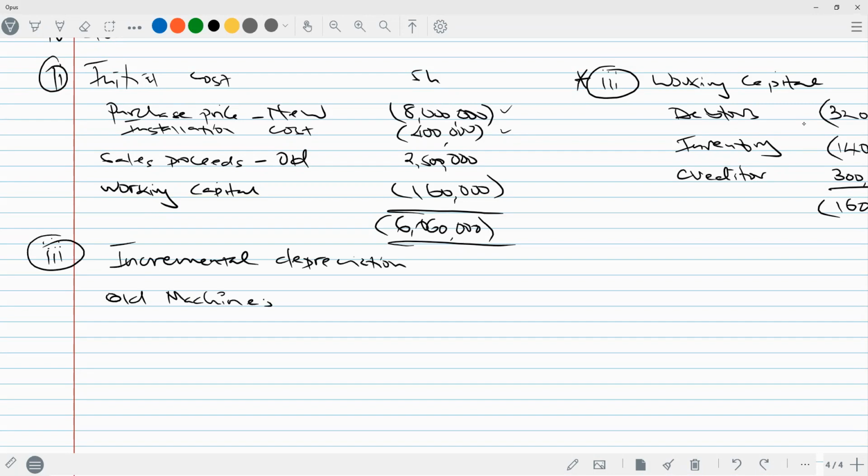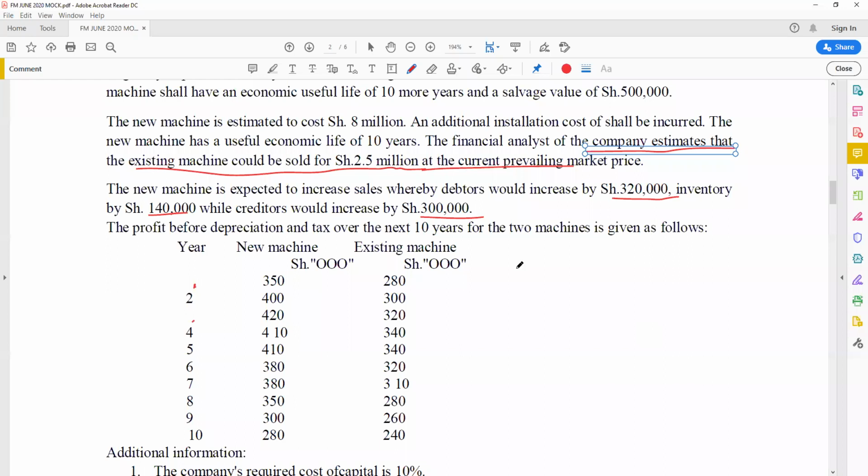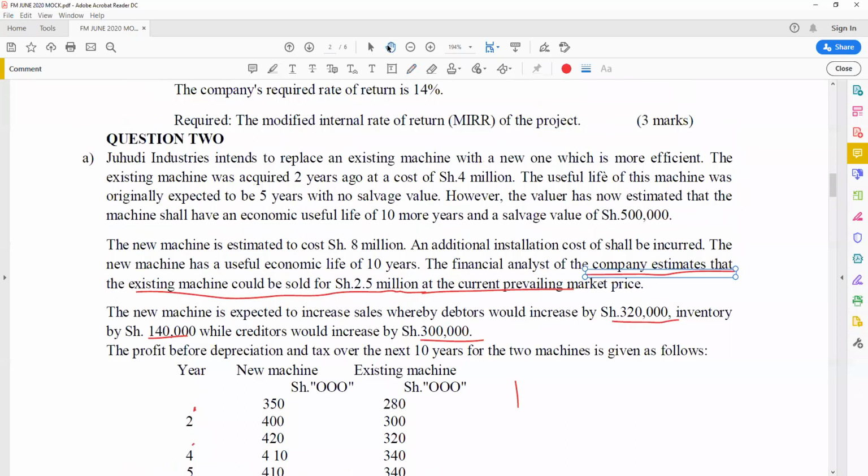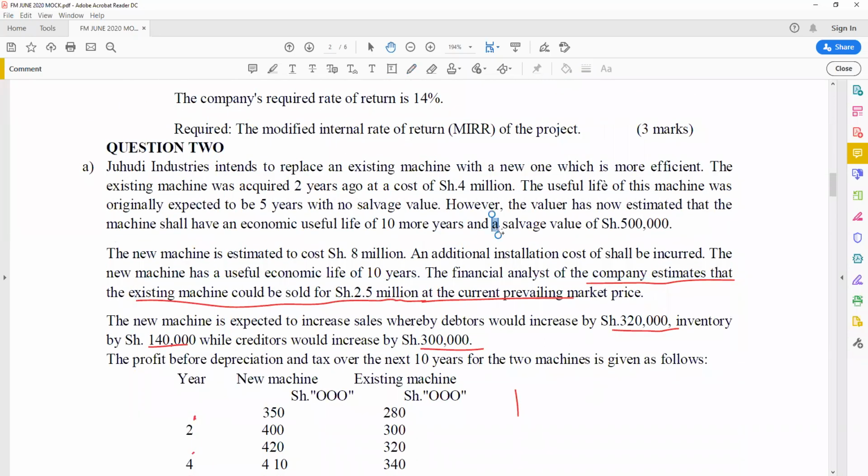In this machine, you'll be told that it was bought 2 years ago at a cost of 4 million. So far the company has already claimed depreciation for those 2 years.